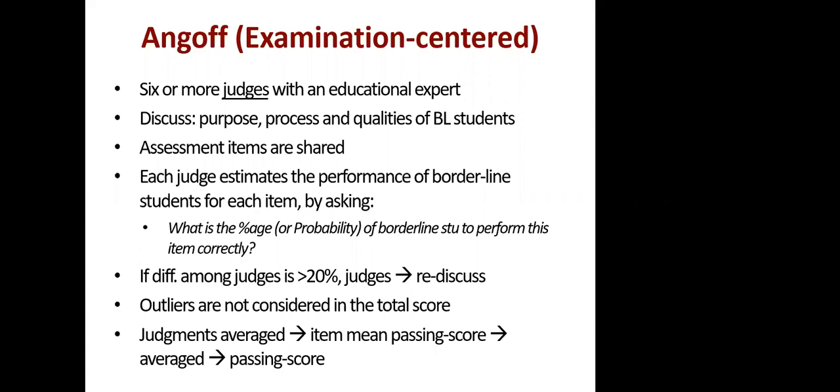Sometimes the majority of the judges are able to convince an outlier, and the outlier may increase or reduce their judgment. In other cases, the outliers may remain outliers and they may not agree with other judges, and they say, no, this is what I believe. I will not change my judgment.